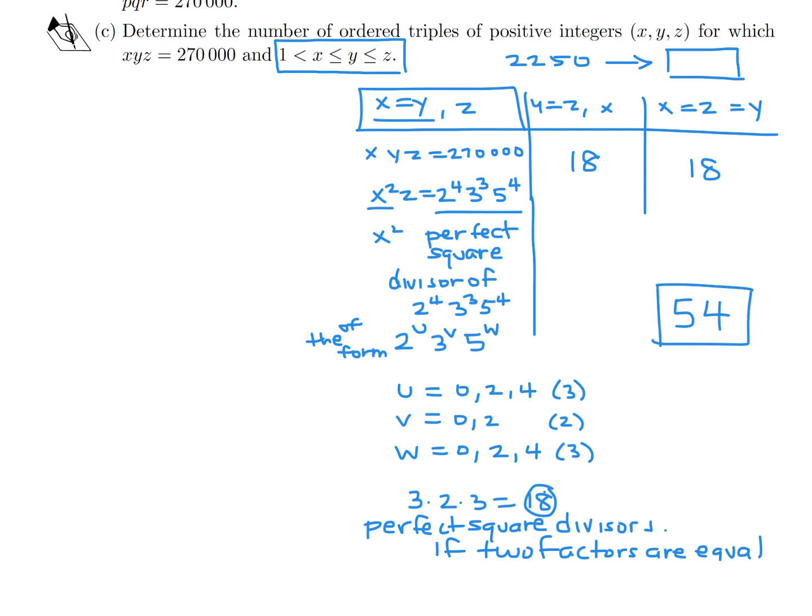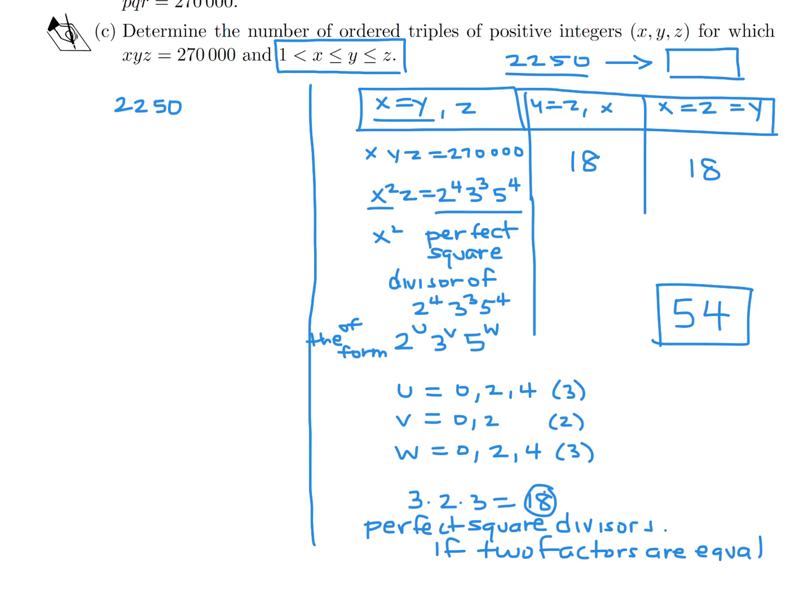Yeah. Okay, so that's actually pretty good. So that means with this 2250, that's the total, and we've got 54 cases that kind of fit this category.